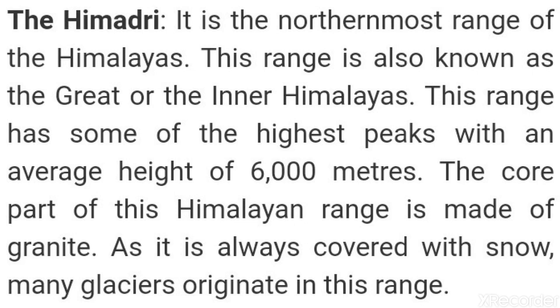The average height of Himadri is 6,000 meters, and Himadri is made up of granite. That is, the core part of the Himalayan range is made up of granite. Himadri is famous for its highest peaks, and also for its snow-covered glaciers. Many glaciers originate from these peaks of the Himalayas.